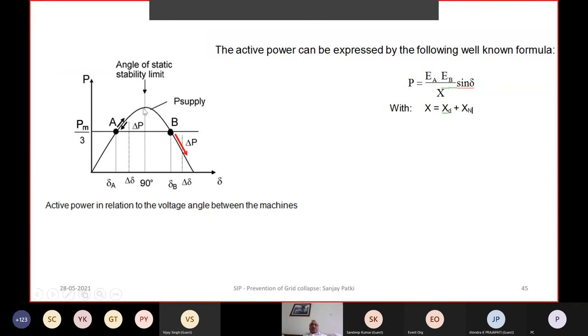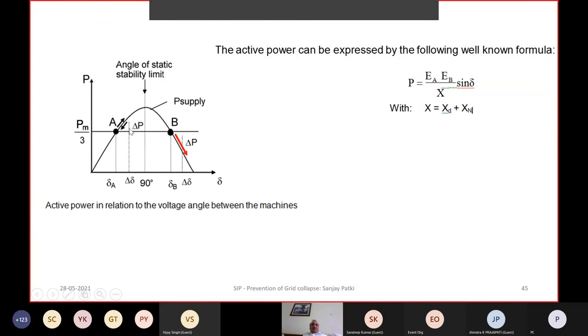So one of the ways of ensuring that you don't cross the unstable point, which is this 90-degree point, is to have protection operation and isolation of the faulty element before this.